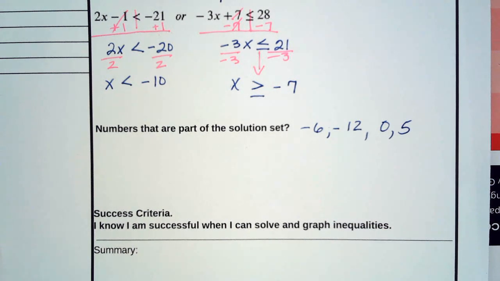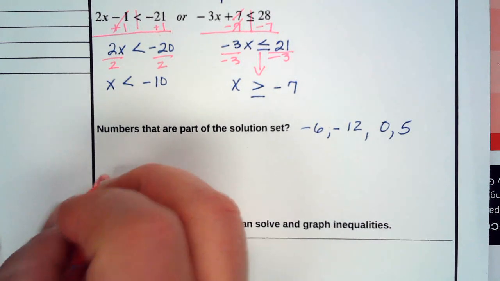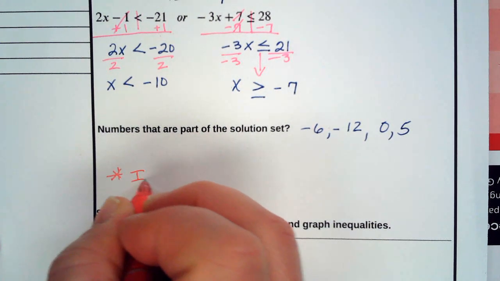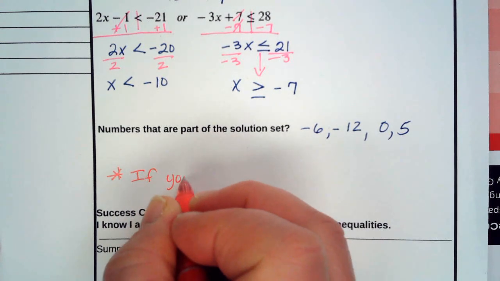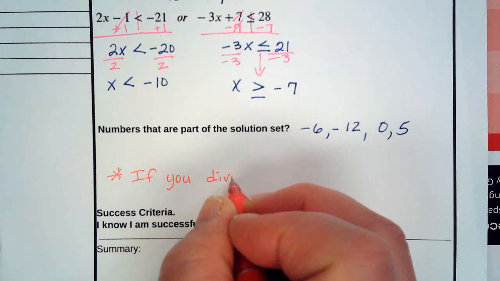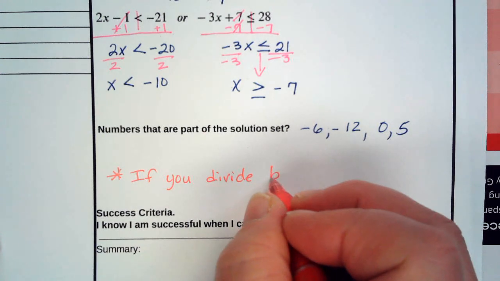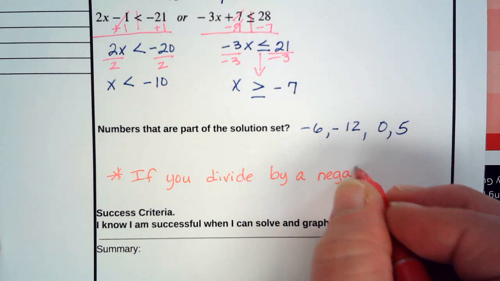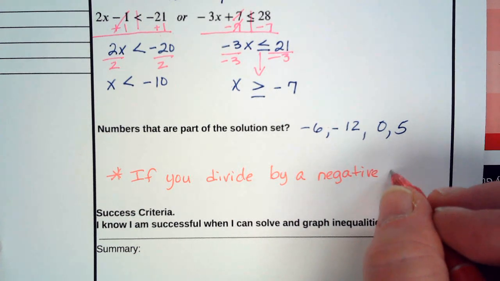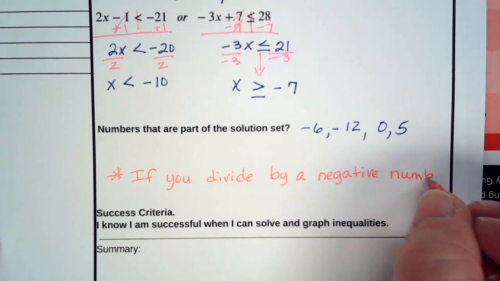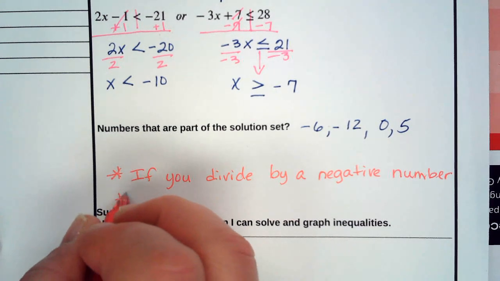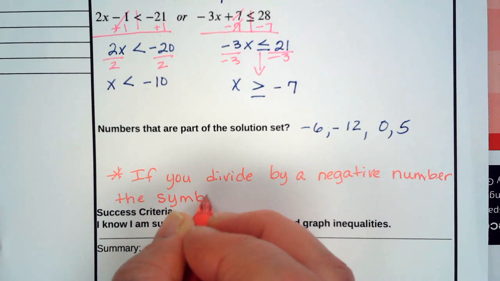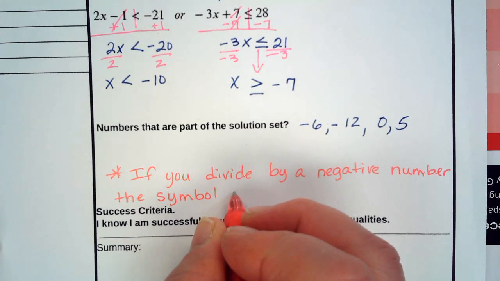The one thing you do need to realize is that if you divide by a negative number, the symbol switches around.